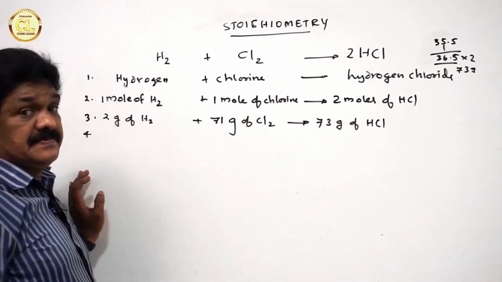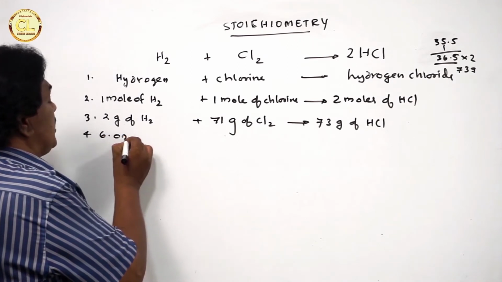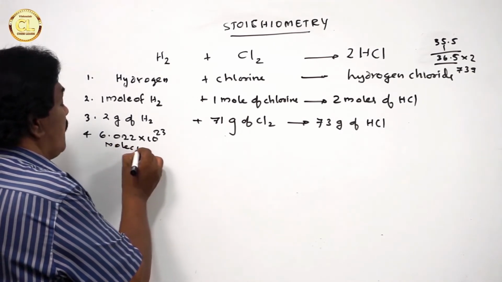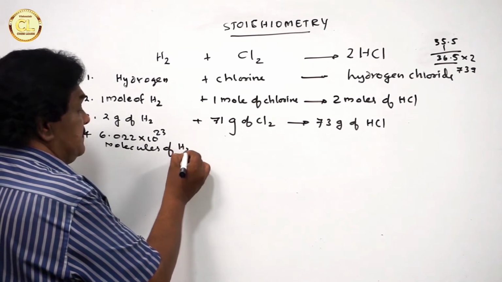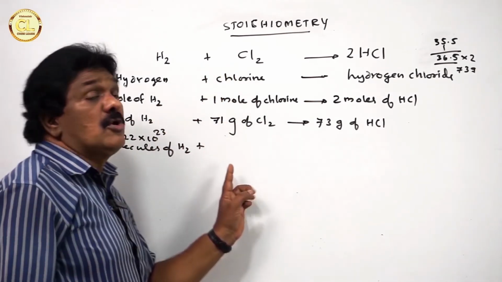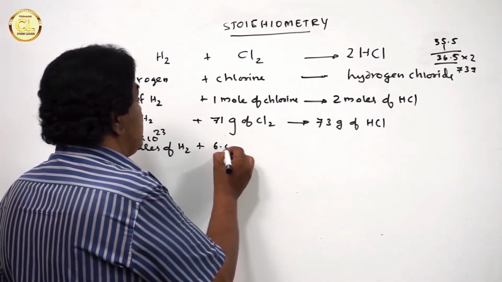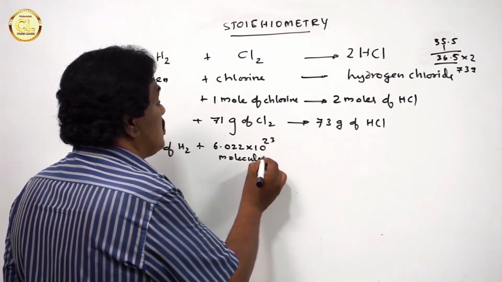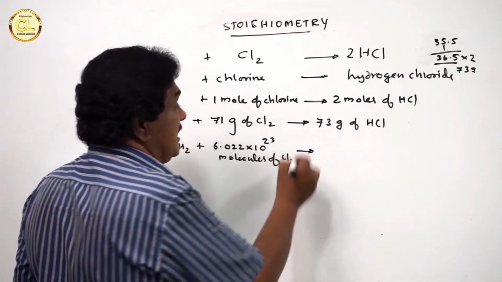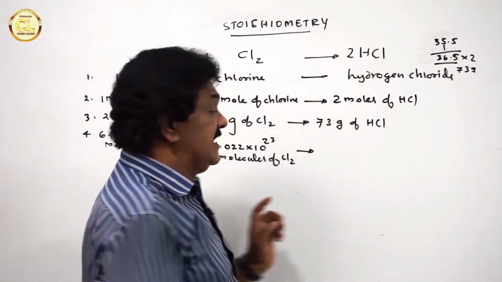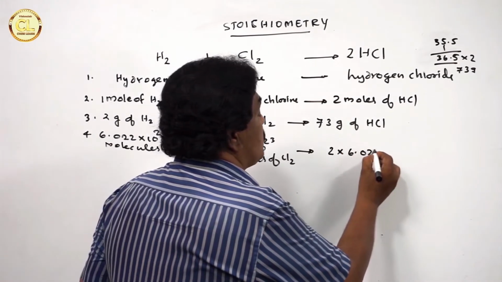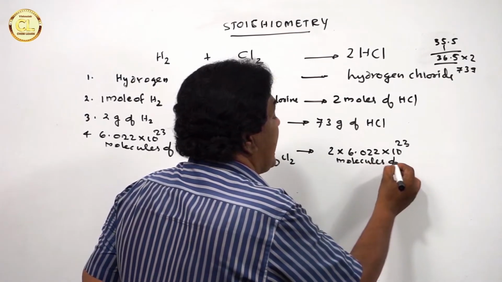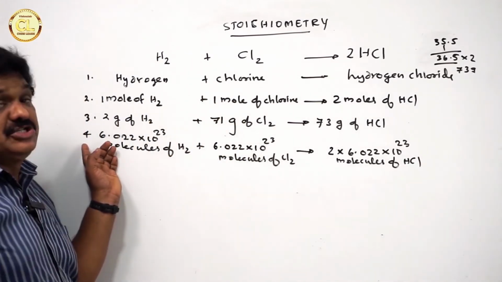See, 1 mole of hydrogen contains 6.022 into 10 raised to 23 molecules of hydrogen plus 1 mole of chlorine, so 6.022 into 10 raised to 23 molecules of chlorine gives 2 moles of hydrogen chloride, that is 2 into 6.022 into 10 raised to 23 molecules of HCl. This is the next quantitative meaning.